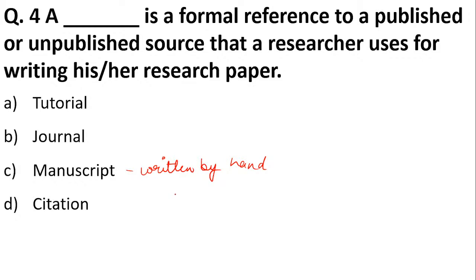A book, it could be a book, it could be any document, or anything that has even an author's handwritten or typed text which is not published. So that is manuscript. While what is journal? A journal is like a newspaper and magazines that deal with a particular subject or professional activity.